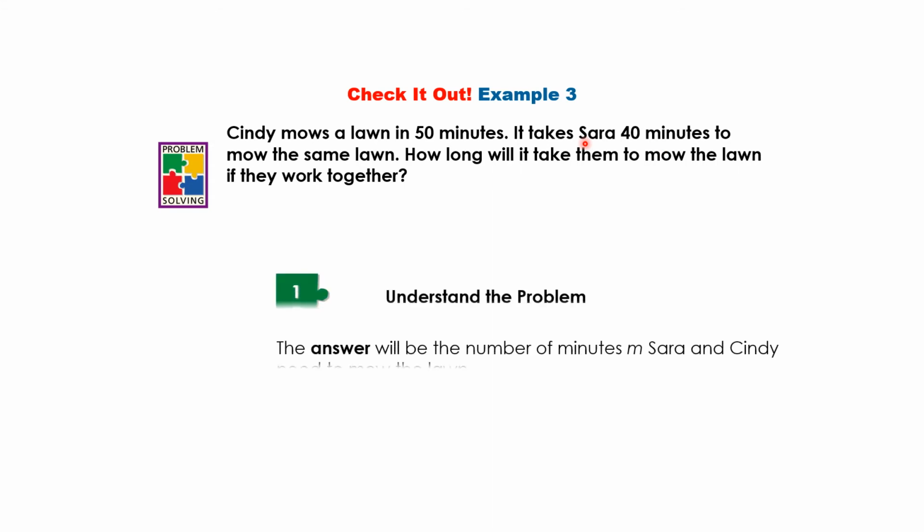Okay, so understand the problem. The answer will be the number of minutes m Sarah and Cindy need to mow the lawn. So let's say that the whole lawn is one job. In other words, we have to get the rate of Cindy in every minute and the rate of Sarah in every minute.